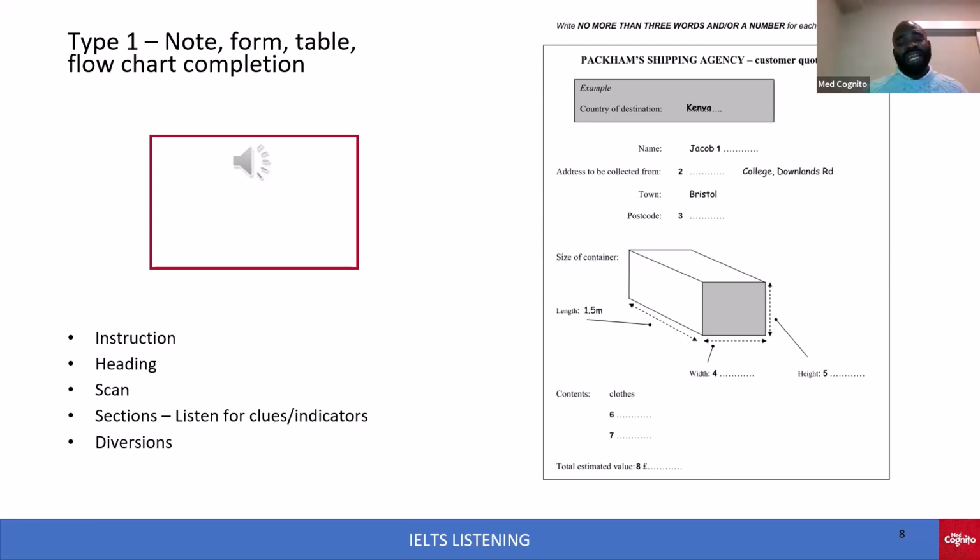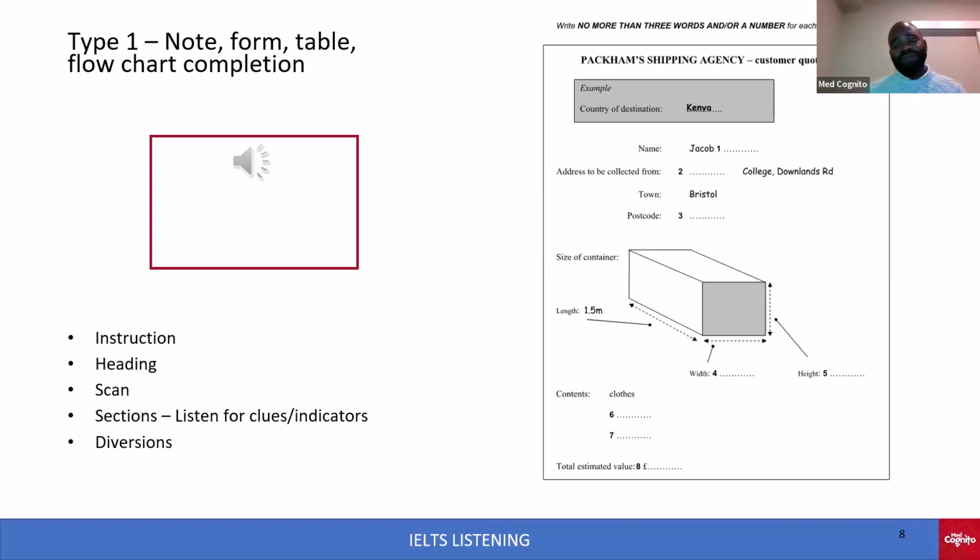Take note that when listening to the audio, these sections, these headings, that is the size of the container, the contents, the address to be collected from, will not be mentioned during the audio session. The audio session is just going through and the conversation is going back and forth.